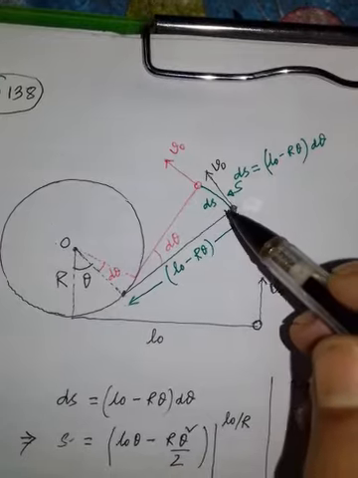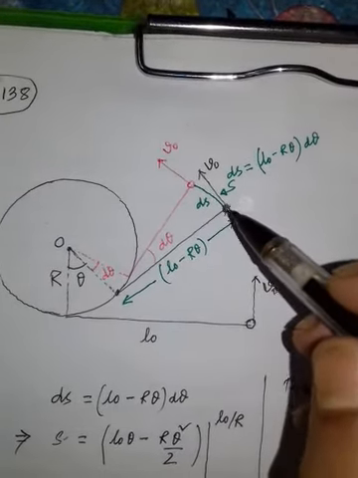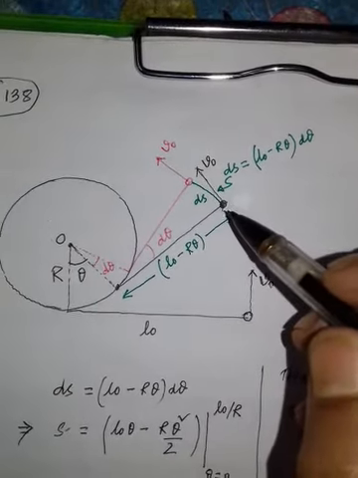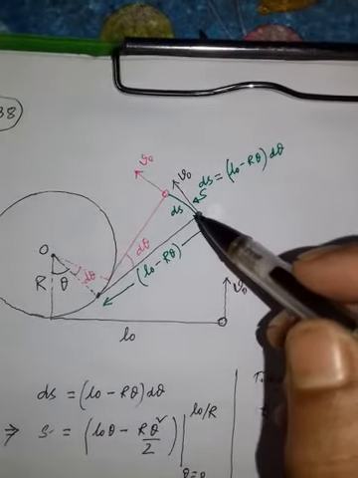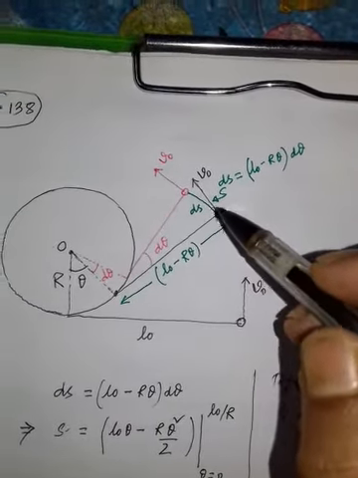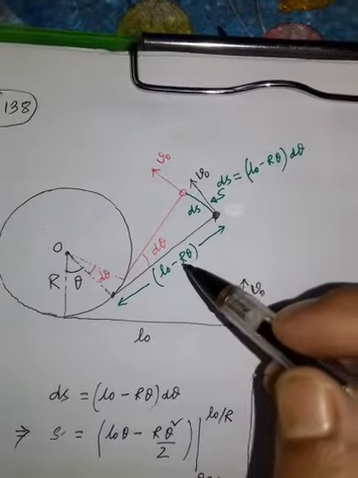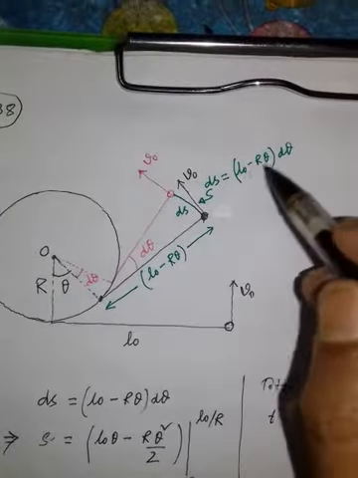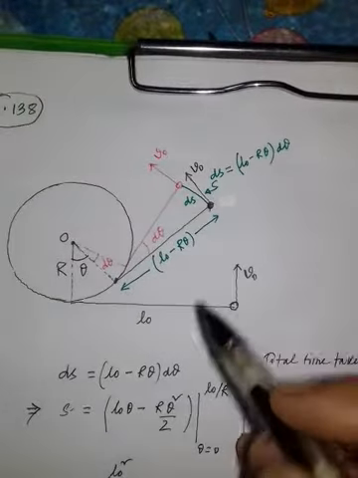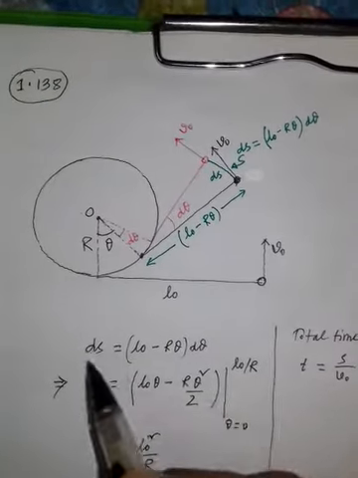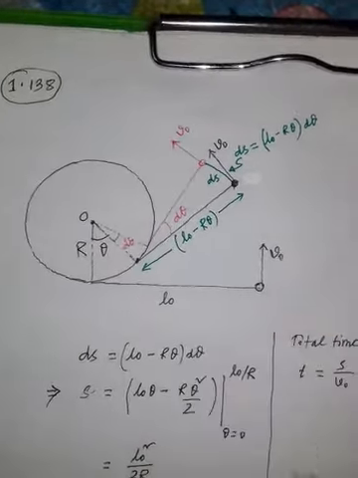During this interval, the elementary distance covered by this disc, ds, must be equal to (L0 minus r theta) d theta. So this would be the working equation of this problem.